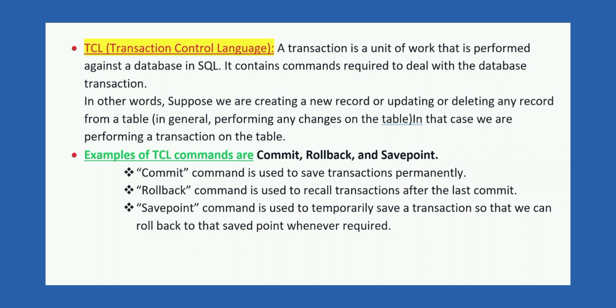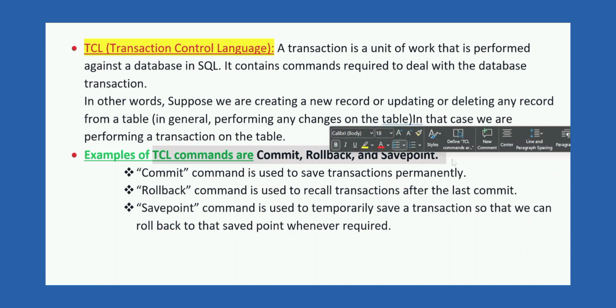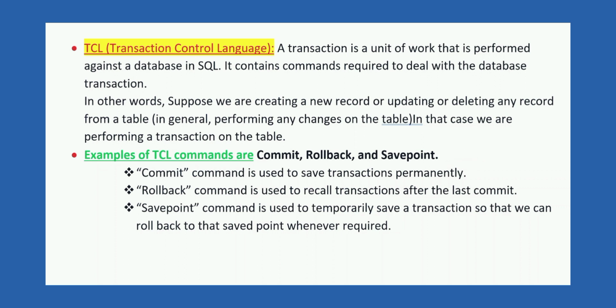Now, what are the commands that we can use inside this TCL? So commands used in TCL, that is transaction control languages, are commit, rollback and save point. Now, what is the meaning of commit? What is the meaning of rollback and what is the meaning of save point? We'll see.